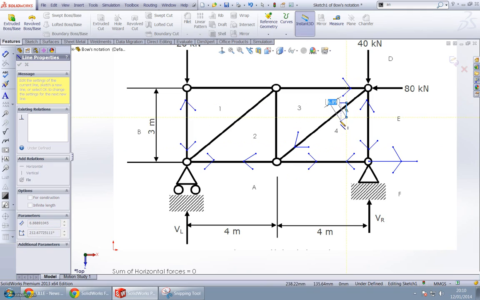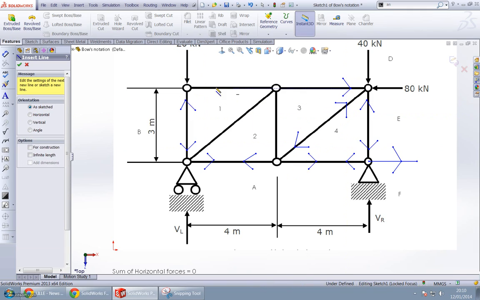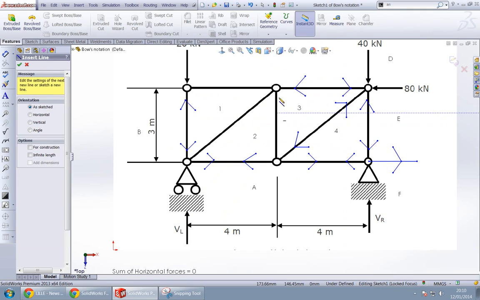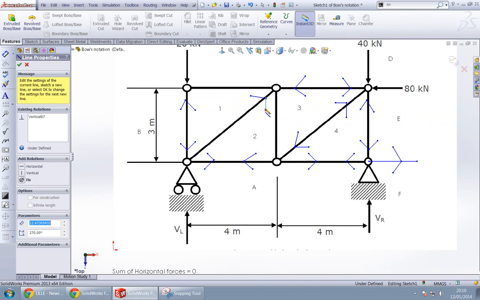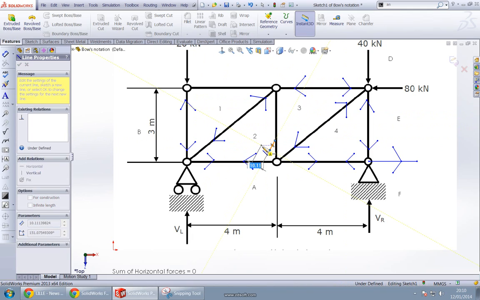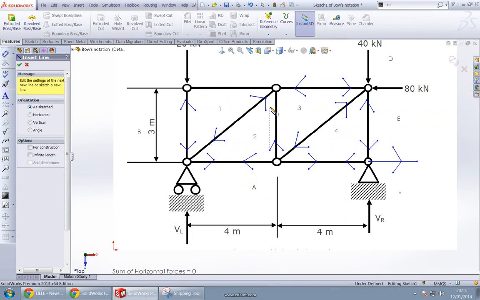There is no force here, and this is cancelling that, so there is another compression force here, and this force would go in this direction, and this force should be cancelled also with this, and there will be a force like this. So here the force would come like this, and this force would try to go up, and this force would try to come down.